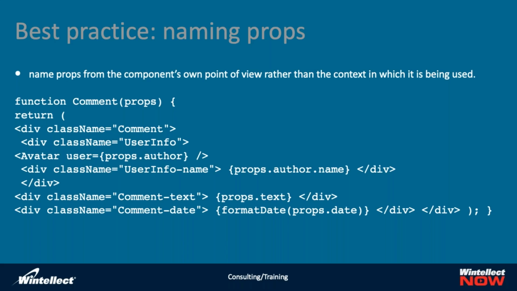So in this example here, we have a component called Comment, and we're passing in to a component called Avatar the prop called author, but inside of Avatar, we're naming that prop user. And so this is just a matter of thinking about components from their own point of view rather than from the context where data is being used.